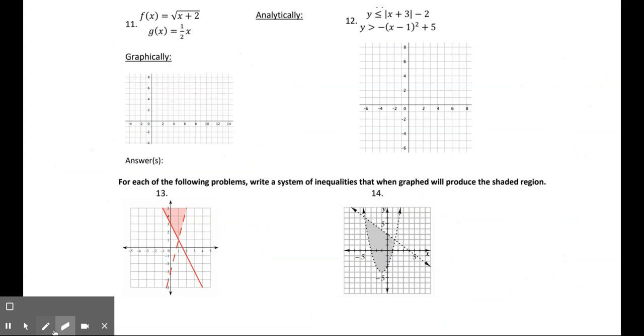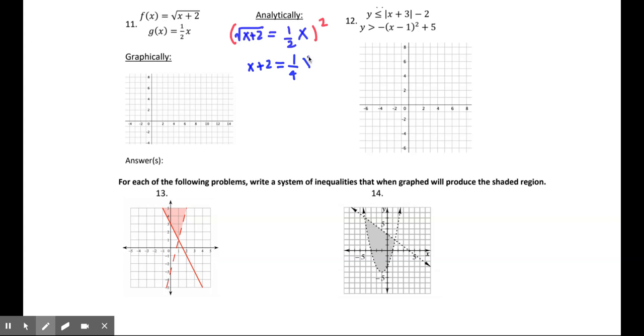Okay, so again, since this is a system of equations, you want to set them equal to each other. So root x plus 2 is equal to 1/2 x. So we want to square both sides, and then you get x plus 2 equals, and you gotta be careful, when you square 1/2, you get 1/2 times 1/2, which is 1/4.